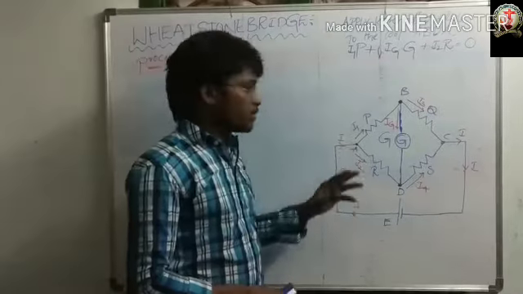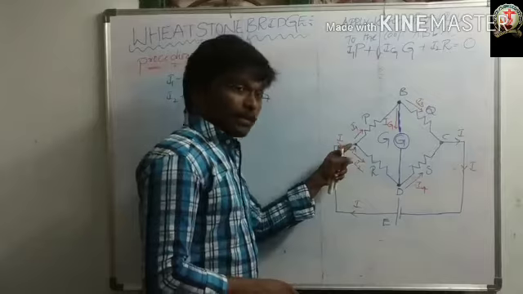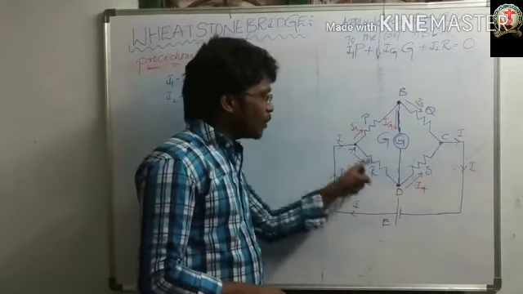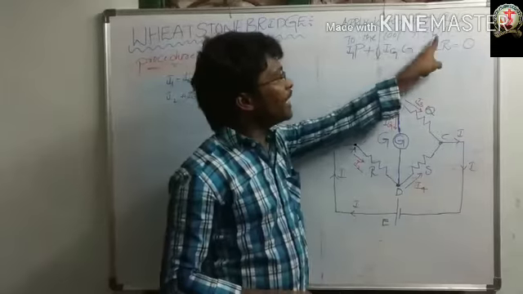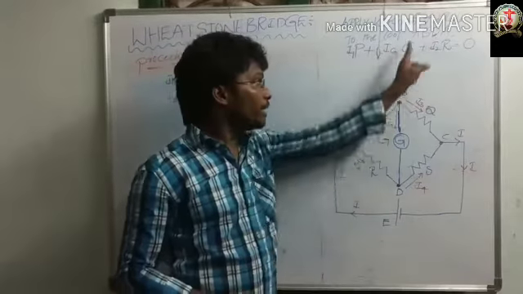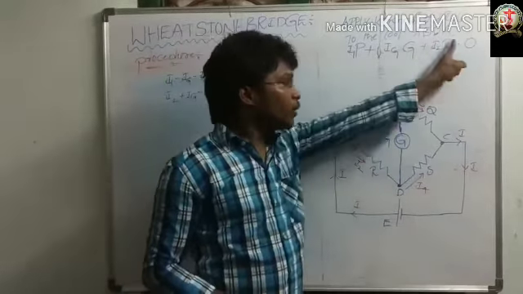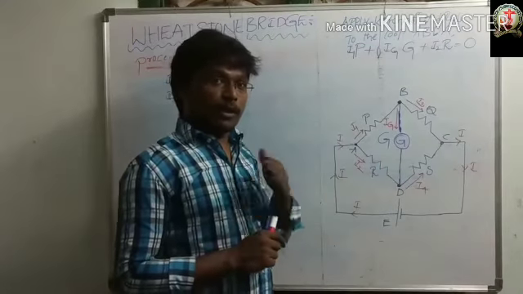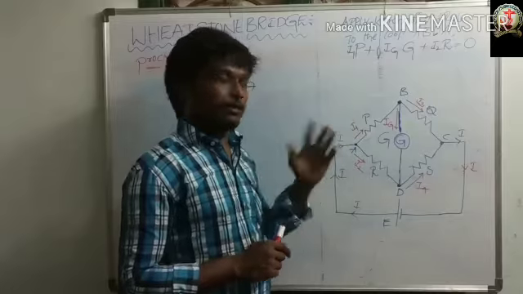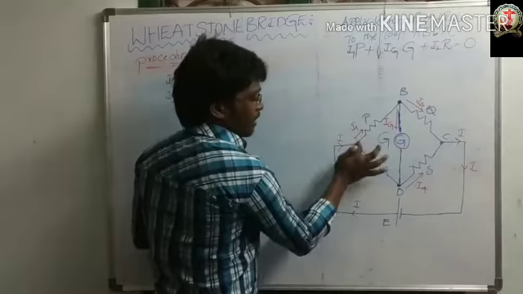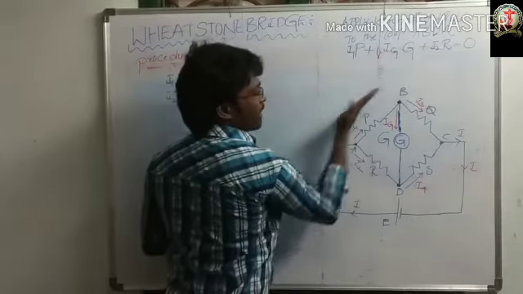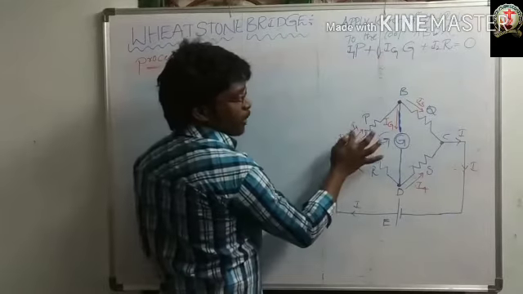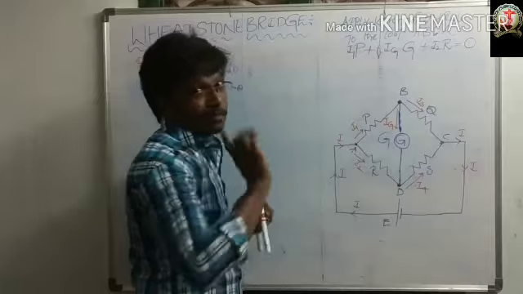So here the loop is moving from A to B, B to D, D to A. Loop direction we have to take; current direction is already mentioned. From A to B, the loop is moving in this direction, and the current I1 is also moving in this direction only. So the product of current into resistance is positive.